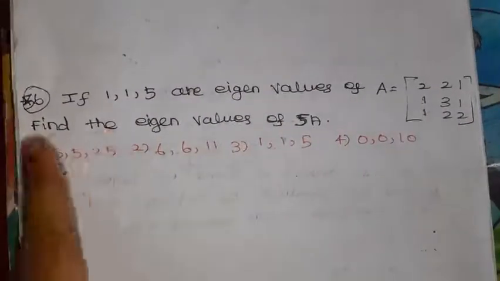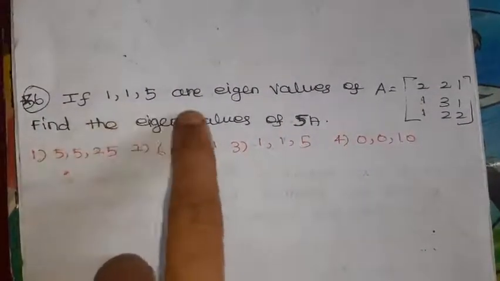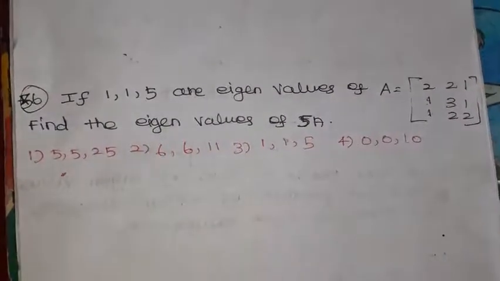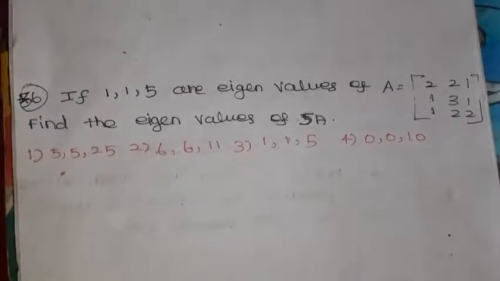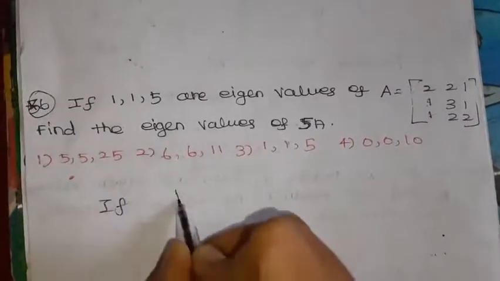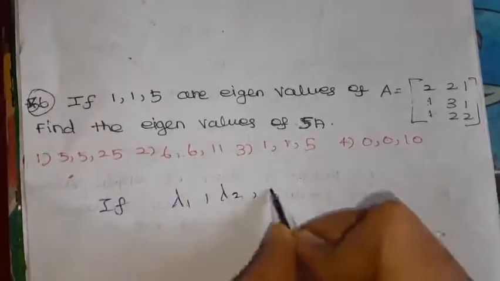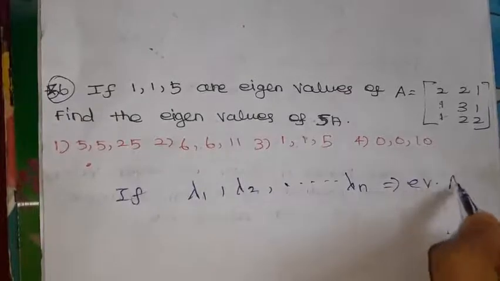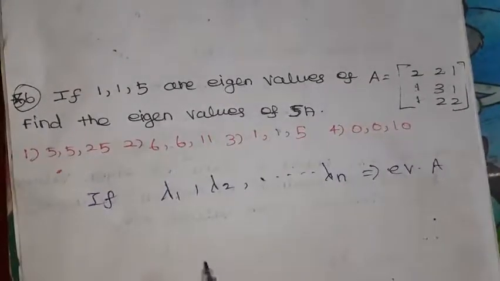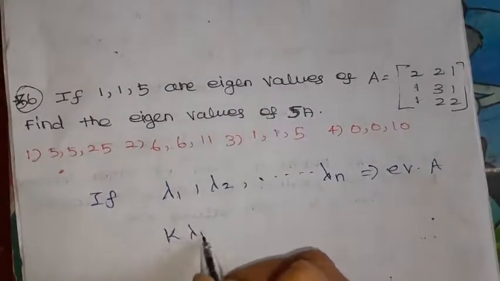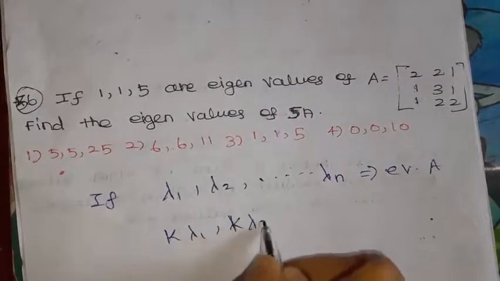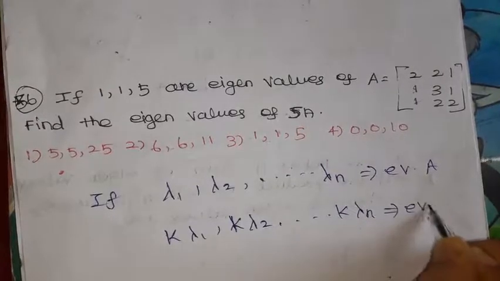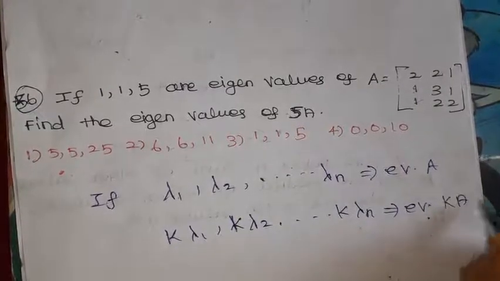Then 56. If 1, 1, 5 are eigenvalues of A, then find the eigenvalues of 5A. As I told earlier, this is also a property: if lambda 1 to lambda n are the eigenvalues of A, then k lambda 1, k into lambda 2, up to k into lambda n are the eigenvalues of kA.